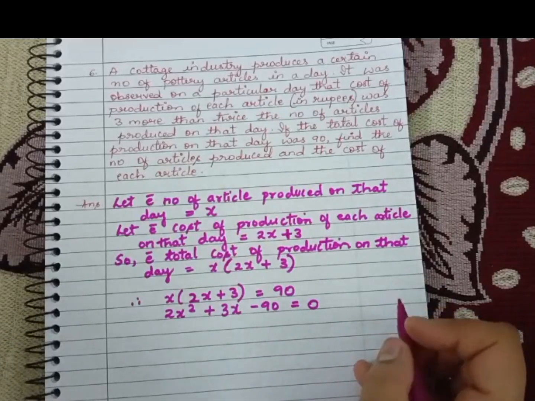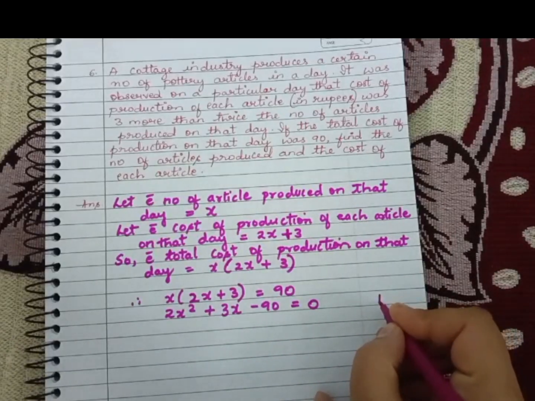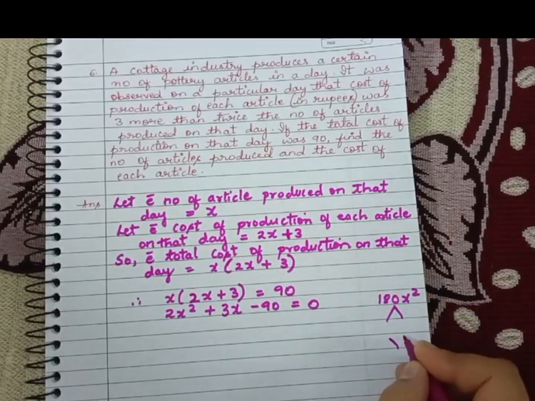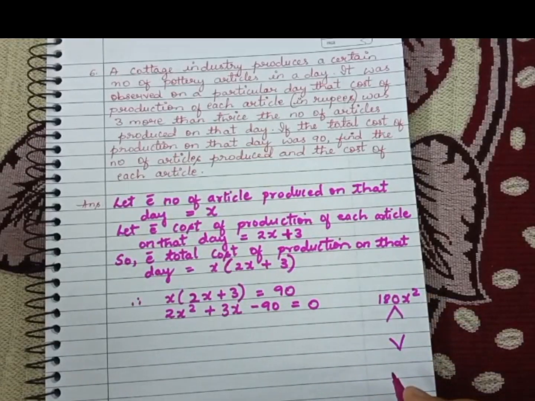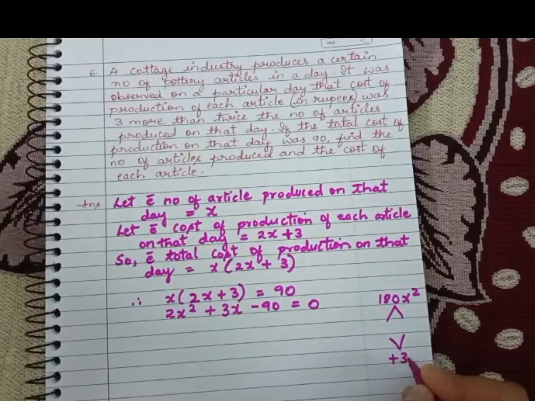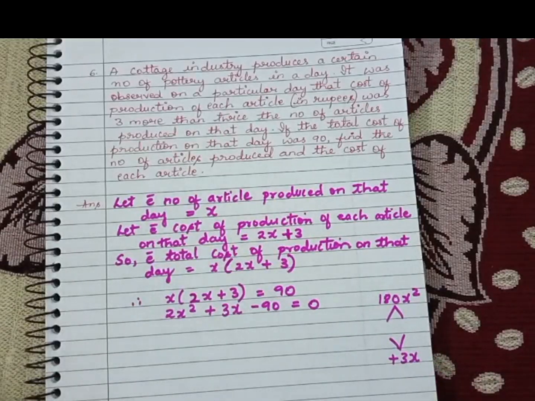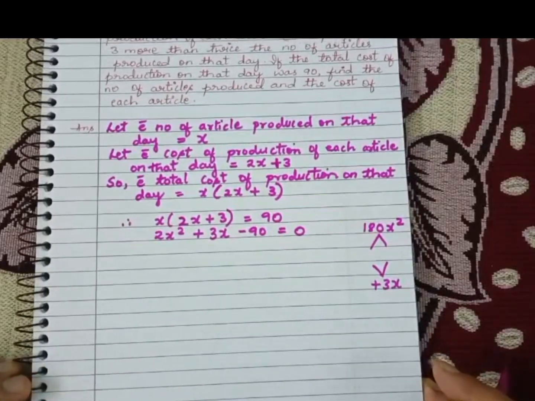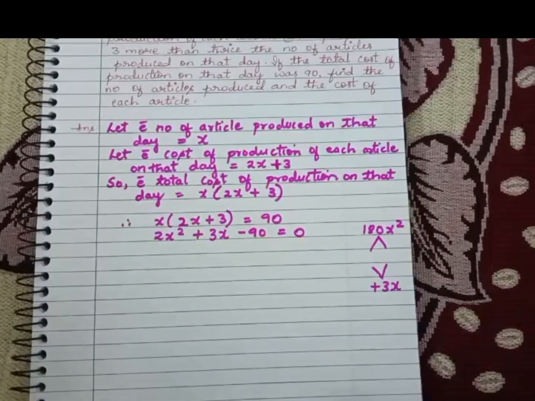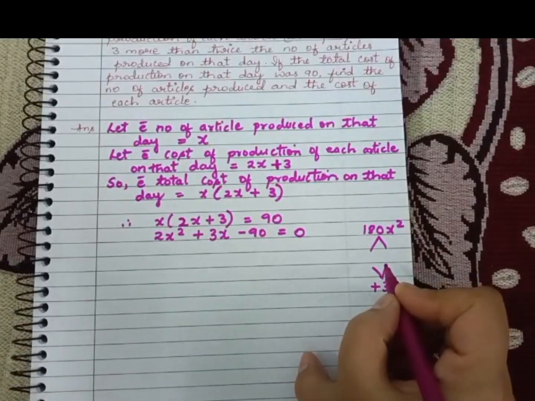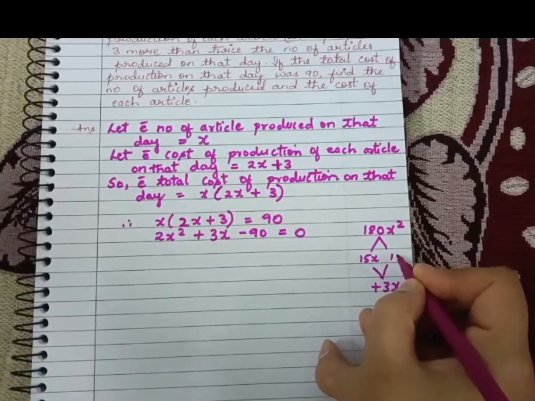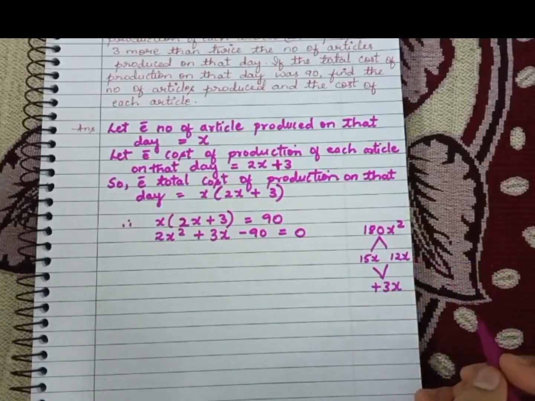2 into 90 is 180, so if we multiply, we get 180 x square. If we add or subtract, we have to get plus 3x. Here 15 into 12 is 180, 15x into 12x is 180x square.